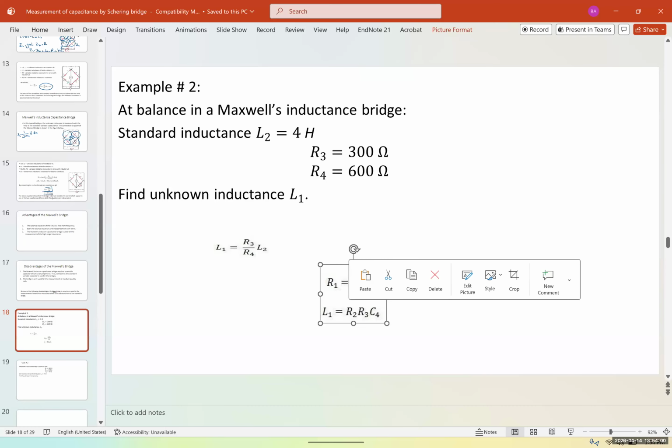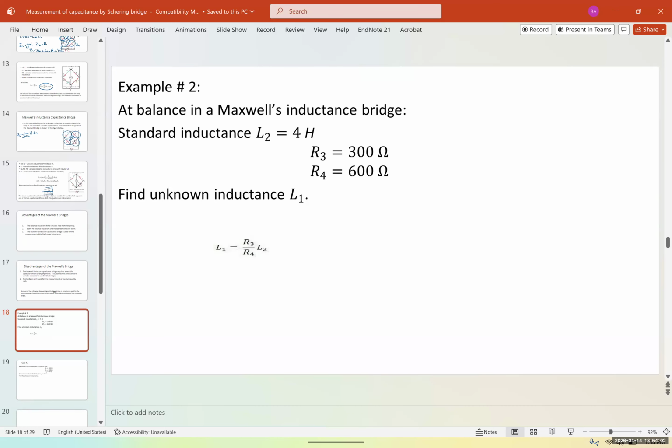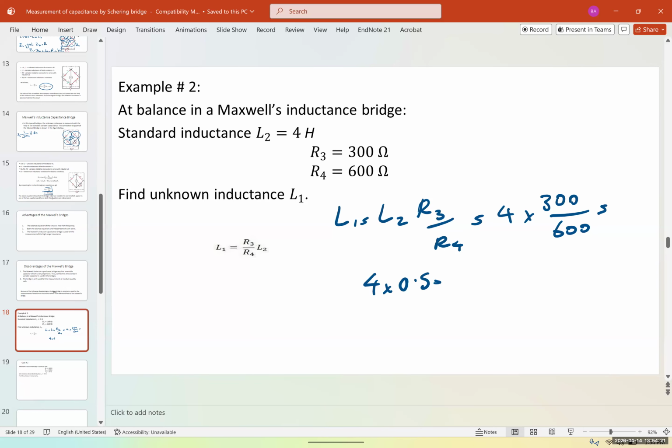This is for the inductance capacitance bridge. So L1 is going to be equal to L2 R3 over R4, which is equal to 4 times 300 over 600, or 4 times 0.5, which is 200. So this is L1.